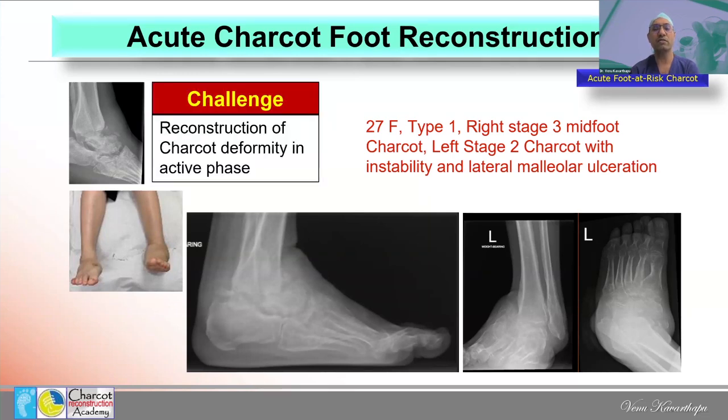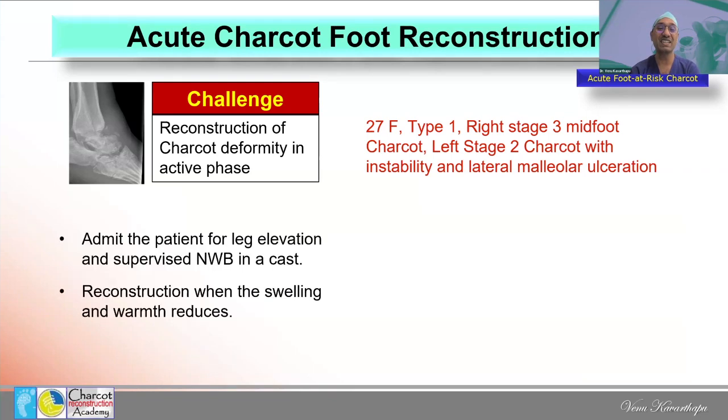In the active phase, one has to reconstruct because the deformity keeps progressing despite offloading in a total contact cast because of the degree of bone fragmentation, and this patient has already developed ulceration on the lateral side of the ankle.